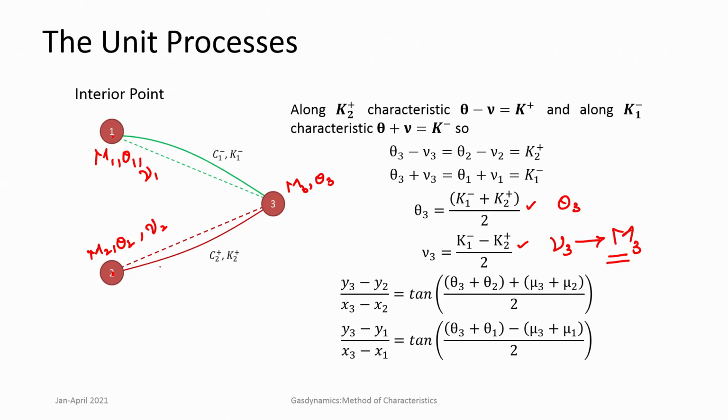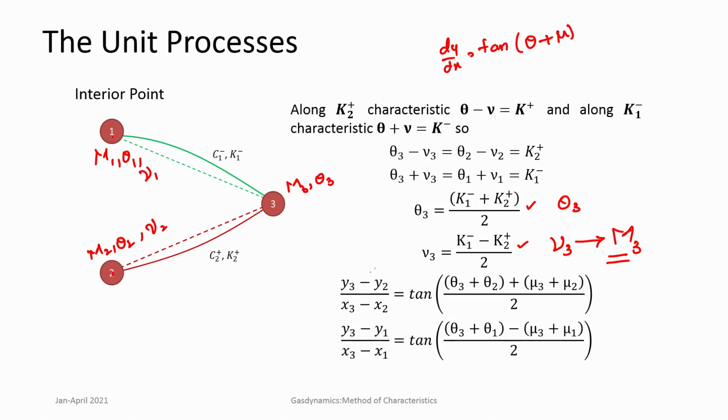So, we know that the equation for C2 plus is dy by dx is tan of theta plus mu, which is the Mach angle. So, we take the averages of angles at 3 and 2. You can use a predictor corrector method where you have an initial estimate and then come back and reevaluate, or just take the averages.